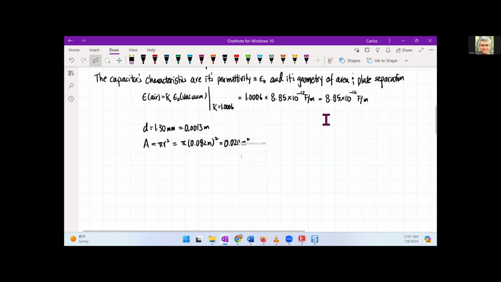So now I can go in and calculate the capacitance.